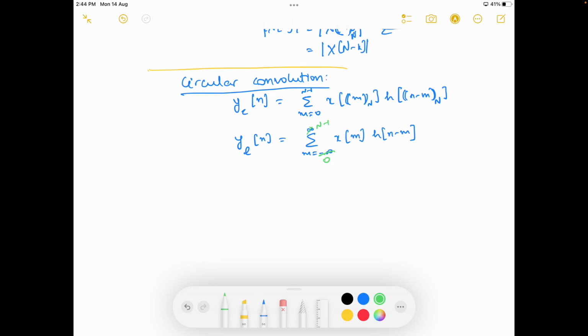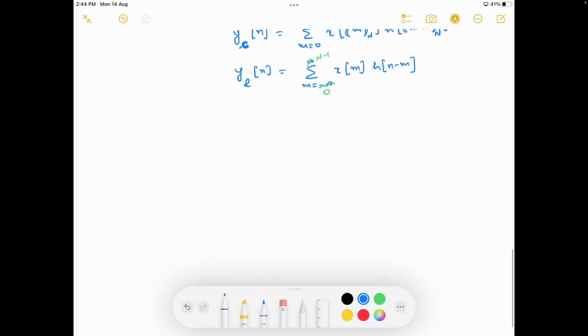So what is the relationship between YC and YL? I will just derive something and then you will see the relationship.